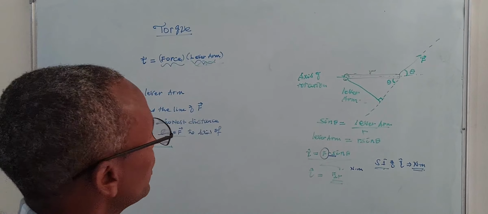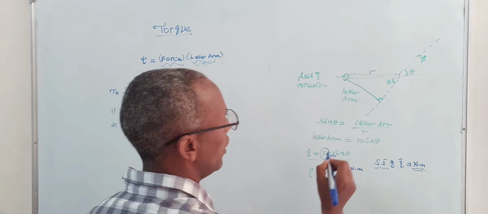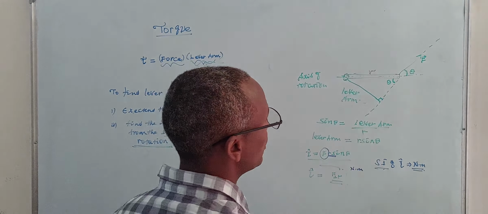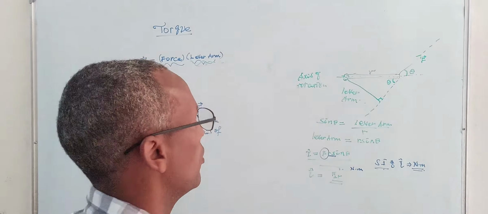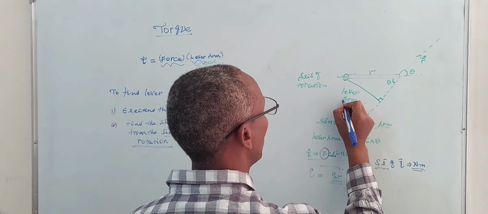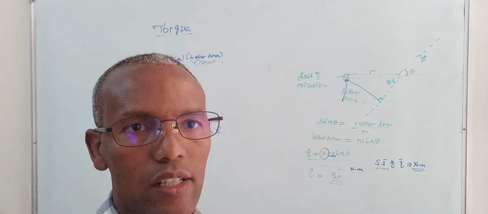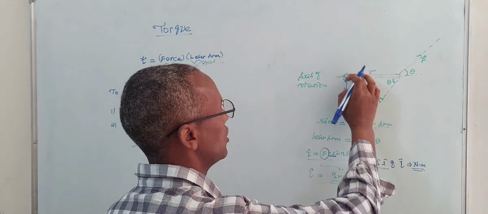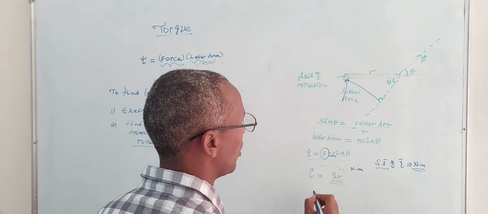I just want to ask you guys one question. Please share your idea: if you apply a force over here, near the axis of rotation, what is going to happen, or what is the torque?